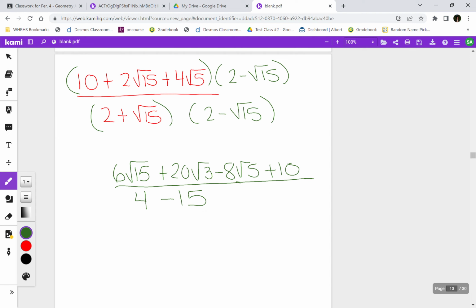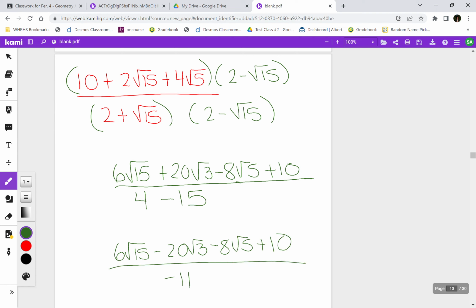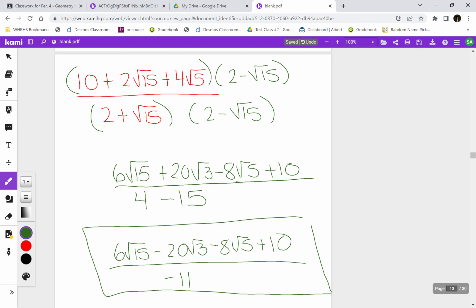That's the numerator. Chris, Jason, anybody that usually goes ahead of me? Over negative 11. This is your answer. We just don't have enough time to sit there multiplying it out. Wait, is it wrong? You mean plus 20? Plus 20 root 3. Yes, I'm sorry. Okay, so we are done.